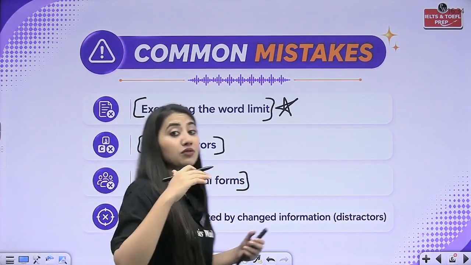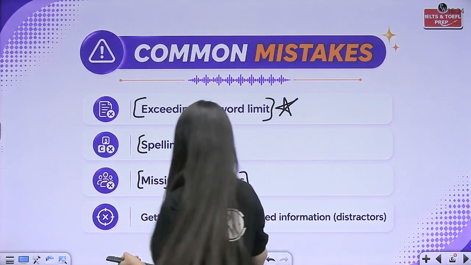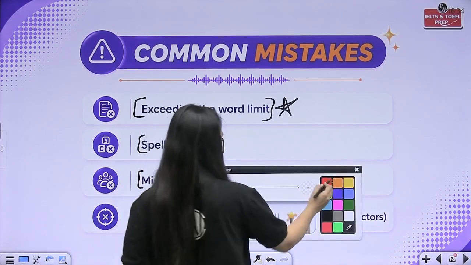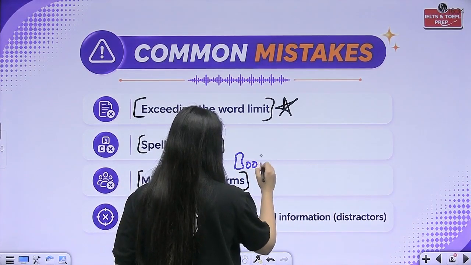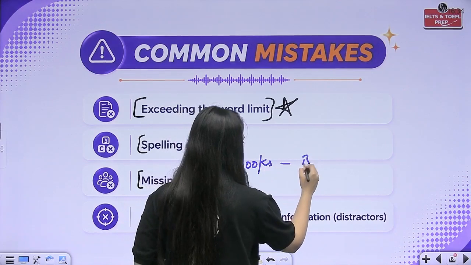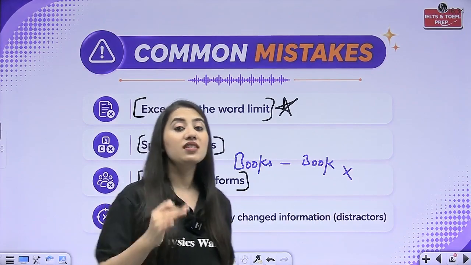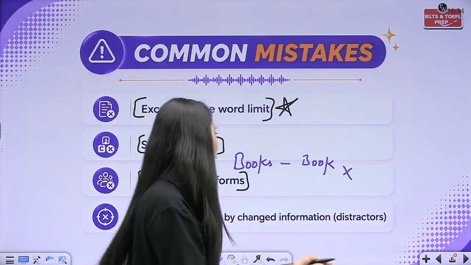If an S was mentioned in the audio and you missed it, let me give you an example. If they mentioned books and you wrote it as book, it's going to be an incorrect answer. Why? Because this S matters over here, the plural form of the word.